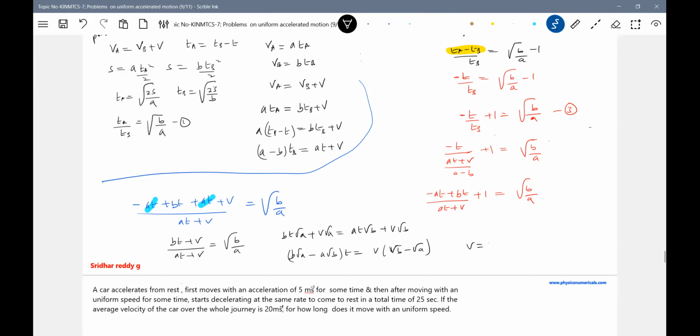This will finally end up with this much. If you solve further by taking the conjugate, root of B minus root of A, multiplying with root of B plus root of A, this will become B minus A. So we'll end up finally with V equal to T root of B.